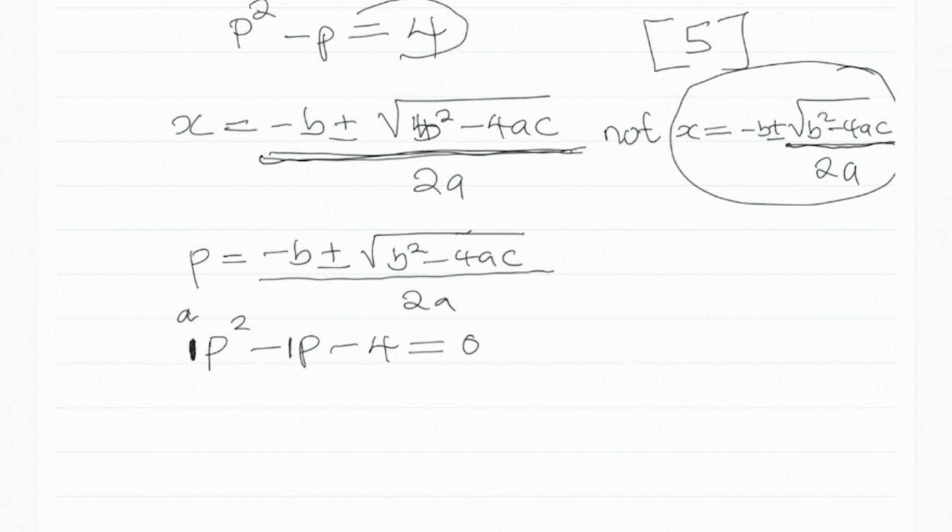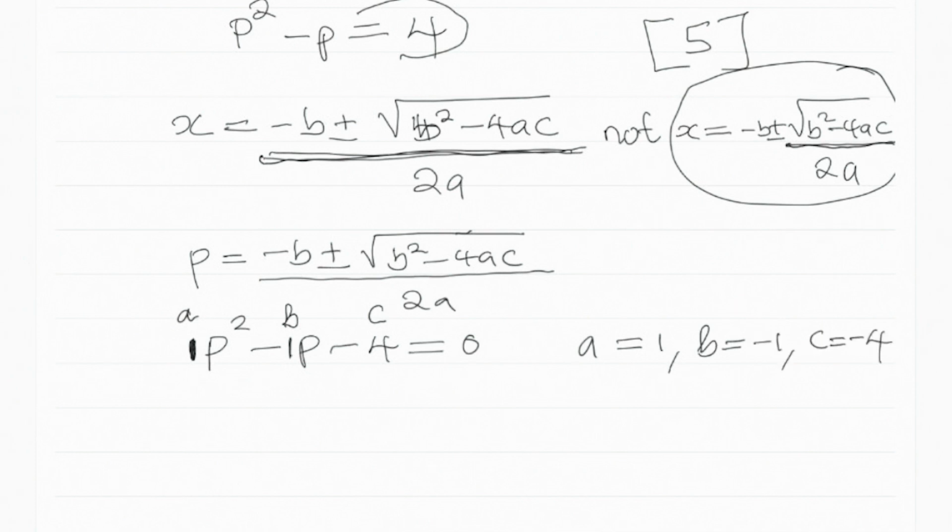This is our a, this is our b, and this is our c. Right. So now what are we going to say? A from the given equation is 1, and b from the given equation is negative 1. Be careful there. And c is negative 4.